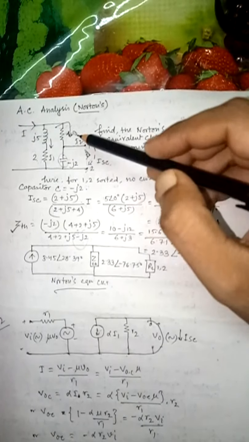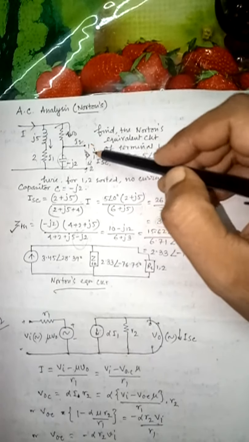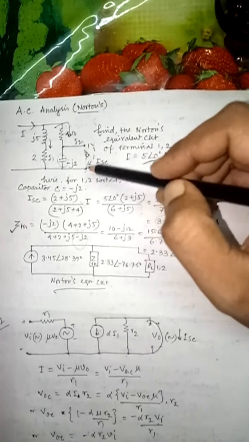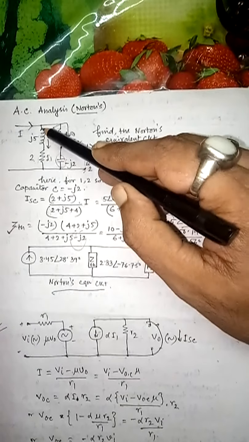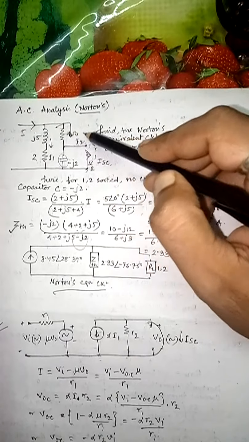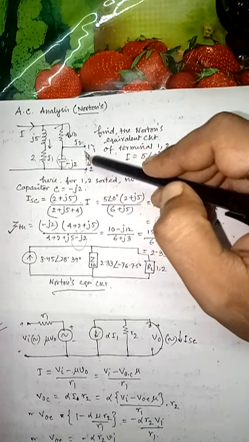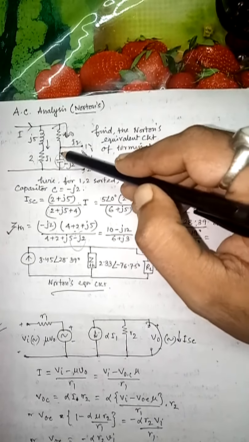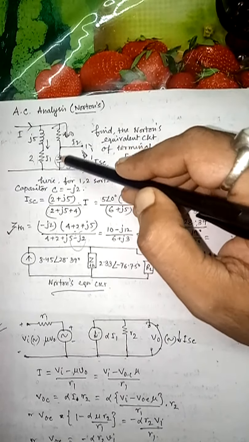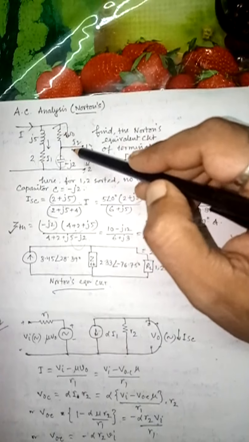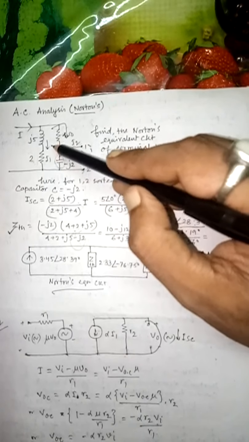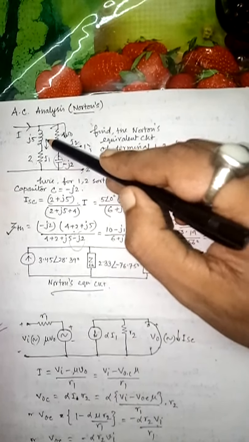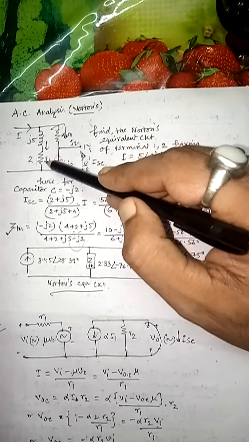Just see, if you are connecting the ISC, short circuit current, the current will take this path and that final path, so the capacitor will not be linked by the current. Finally, for the current flowing in this path, if you apply the current divider rule, it is basically the resistance of this one and this one.